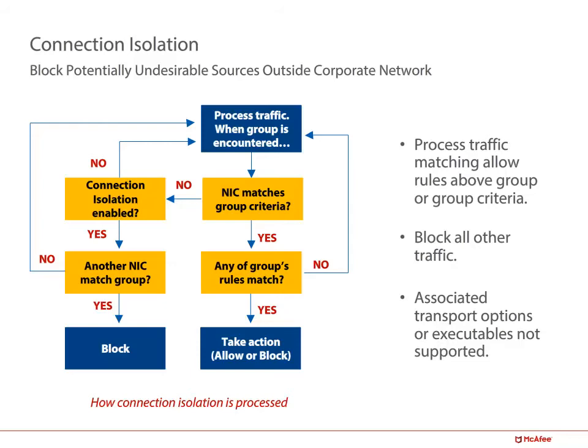Now, the rules will be processed until the group with the corporate LAN connection rules is encountered. It looks at the settings. It sees, hey, connection type is wired. The DNS suffix is mycompany.com. What's the default gateway? And we have enabled the connection isolation.